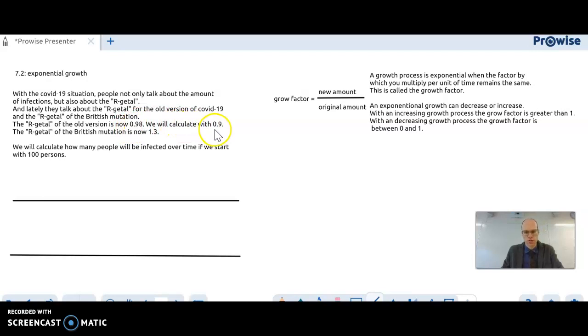We will calculate with 0.9, it's a little bit easier. And the R-getal of the British mutation is now 1.3, so it is more. We will calculate how many people will be infected over time if we start with 100 persons. That's easy to calculate. We start with the old mutation.